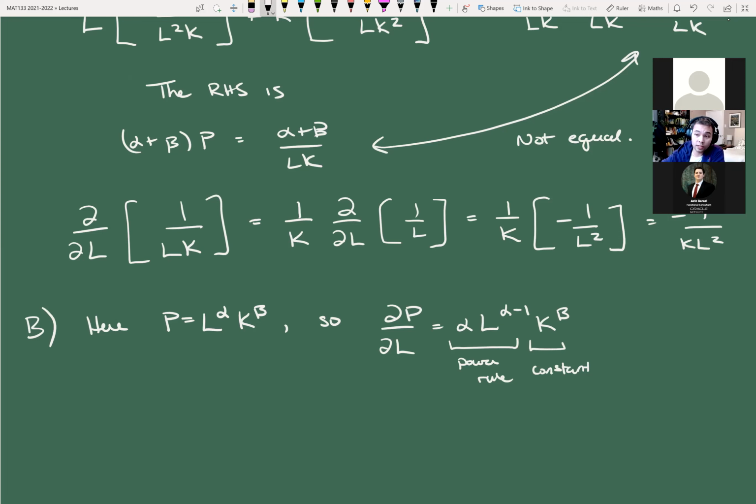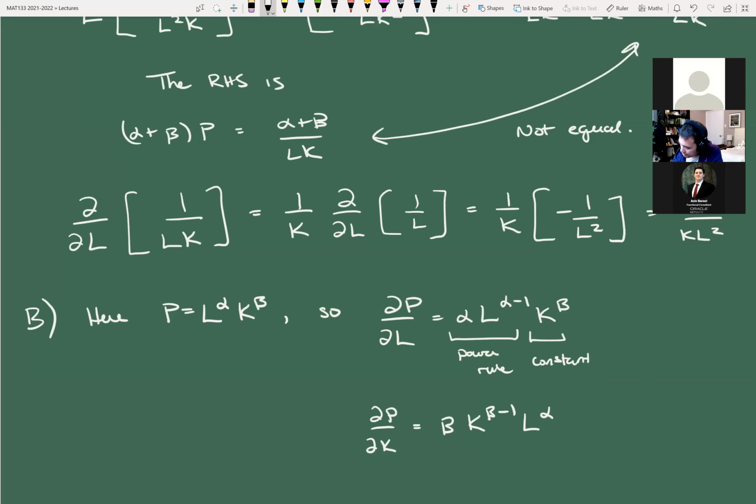And then if I differentiate with respect to K, these two things are totally symmetric in L and K, so you're going to get the same sort of thing, just with the appropriate changes for K instead, right? Beta, here, maybe let me write it on this side, beta K to the beta -1, L to the alpha, like that, okay? So we get power rule, and L to the alpha is a constant.